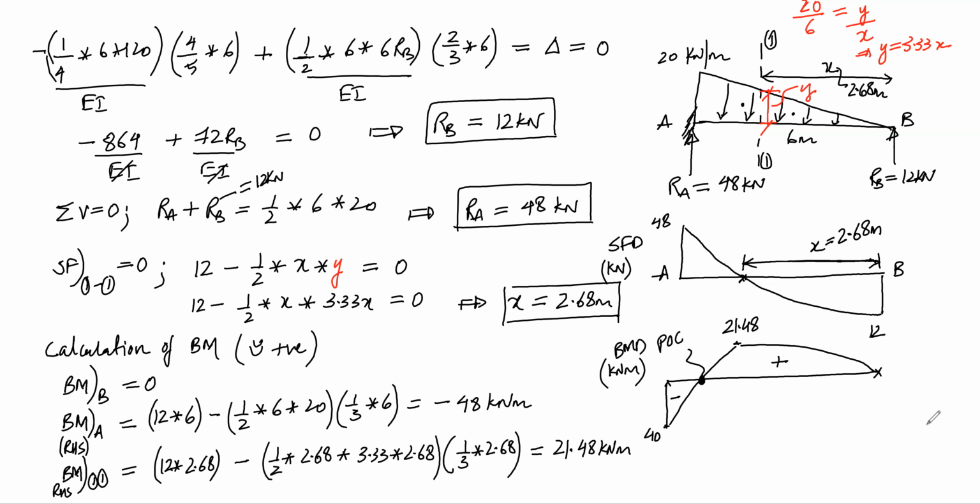And the last part is the elastic curve. This is the propped cantilever. So this portion is hogging and the remaining portion is sagging. This will be the elastic curve.